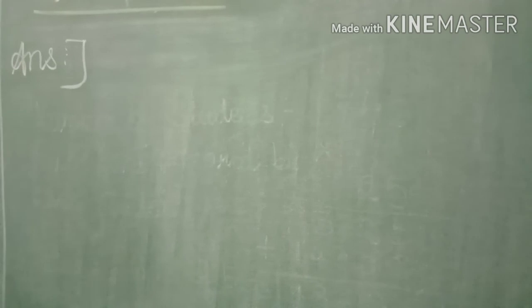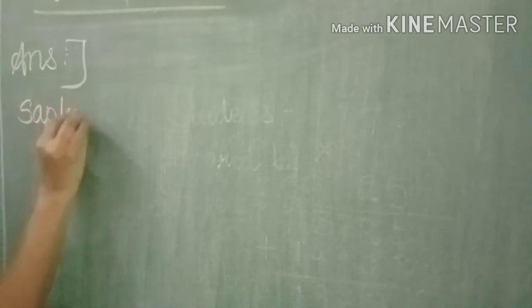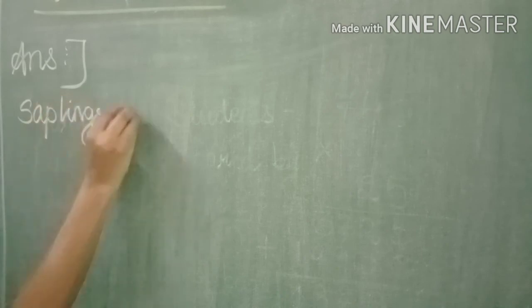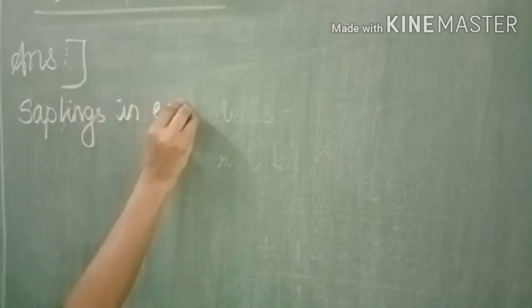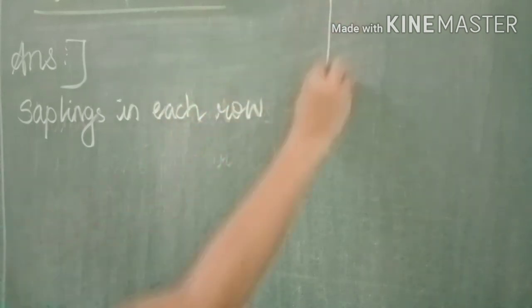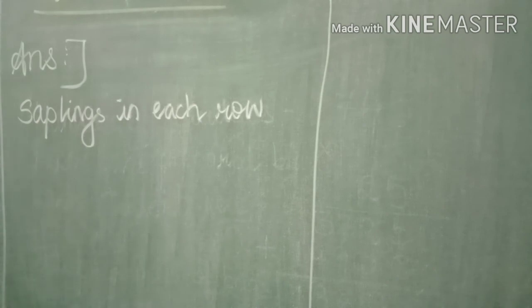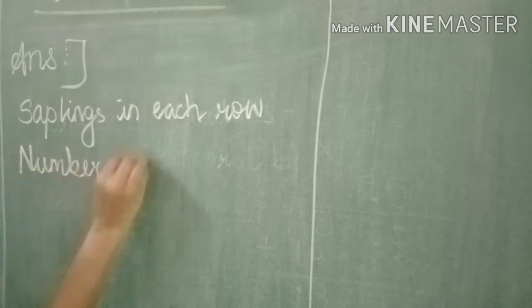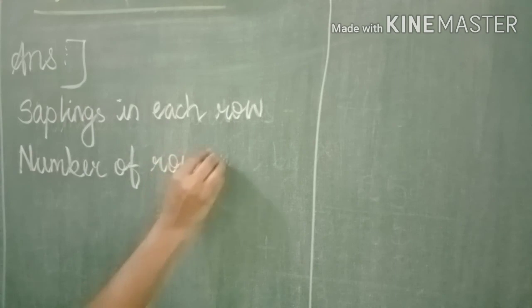Saplings in each row. Then we are going to write the statement as number of rows.